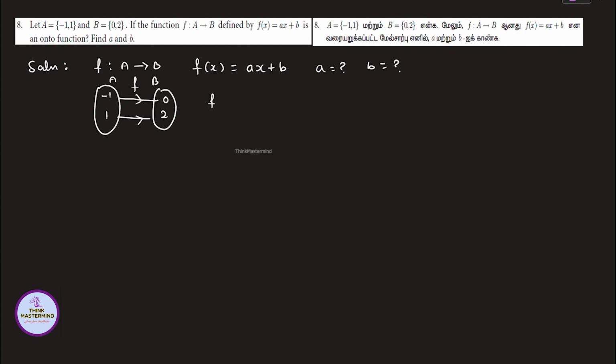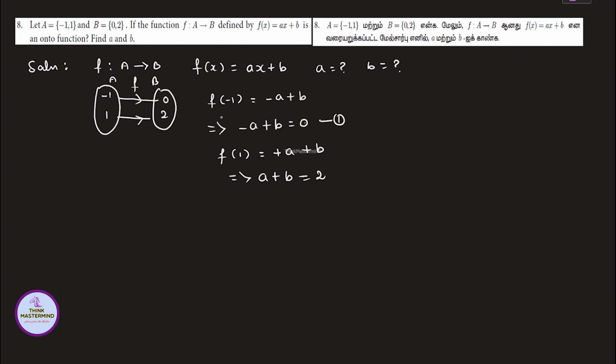Then f of minus 1 is equal to minus a plus b, that implies minus a plus b is equal to 0. 1 is mapped with 2, therefore f of 1 is a plus b, that implies a plus b is equal to 2.